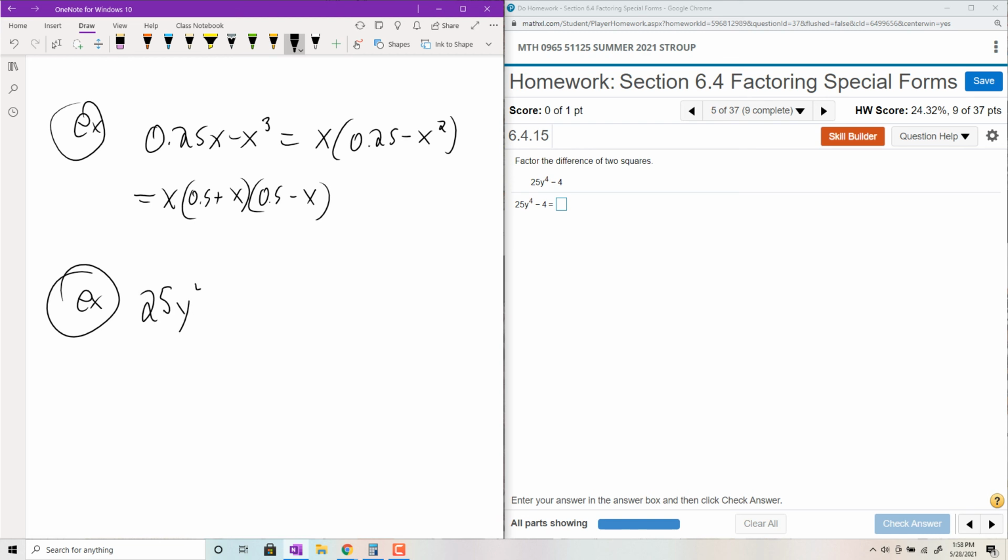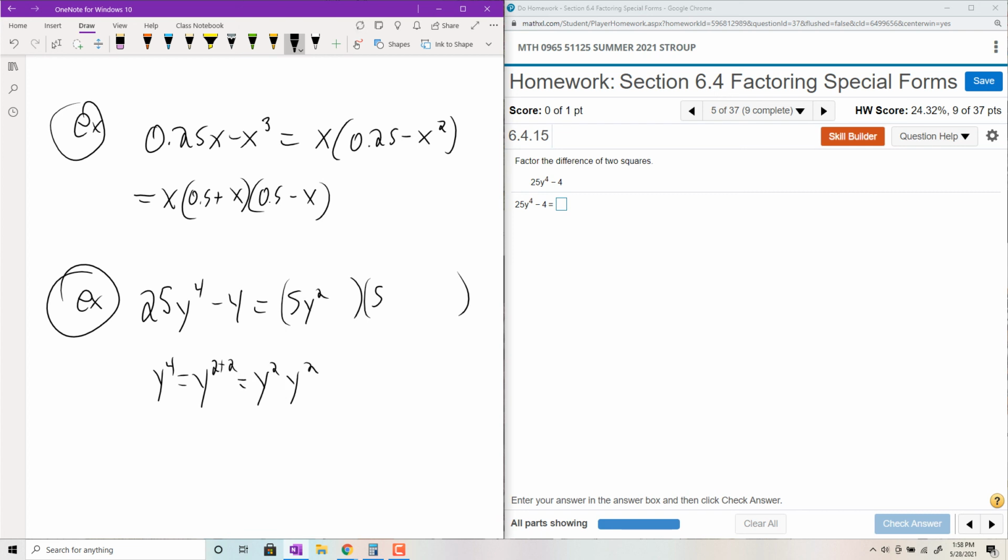25y to the 4th minus 4. Okay. There's no common factor, so what times what is 25y to the 4th? Well, 5 times 5 for the 25 part, and then y to the 4th is the same as y to the 2 plus 2, and that's the same as y squared times y squared.